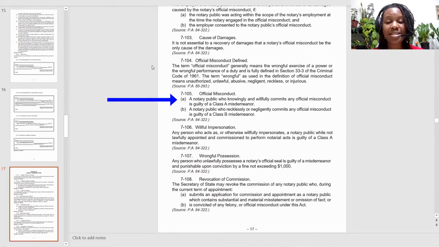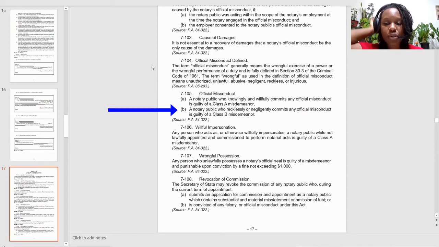7-105, official misconduct. A, a notary public who knowingly and willfully commits any official misconduct is guilty of a Class A misdemeanor. B, a notary public who recklessly or negligently commits any official misconduct is guilty of a Class B misdemeanor.